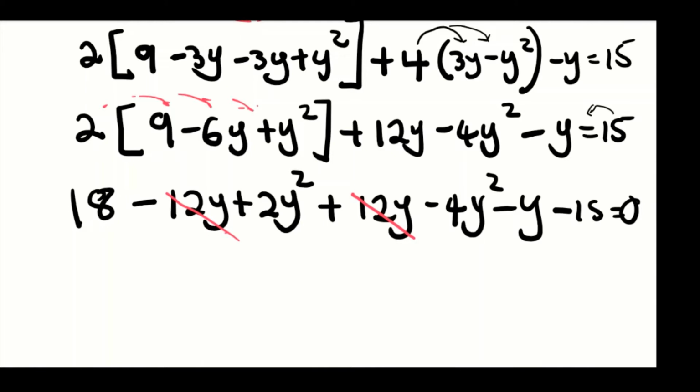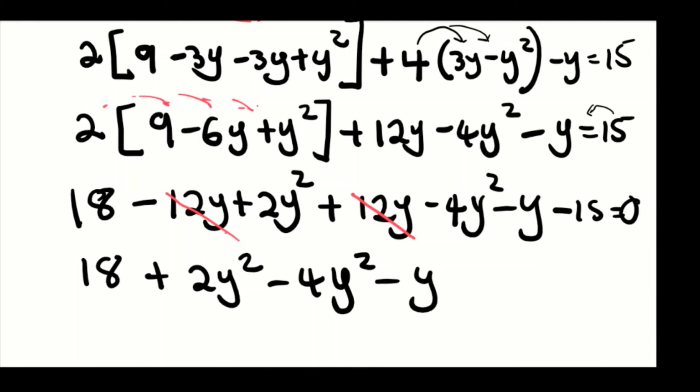So these two go away, and we'll remain with 18 plus 2y squared minus 4y squared minus y minus 15 being equal to 0.